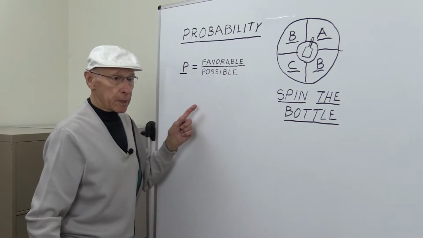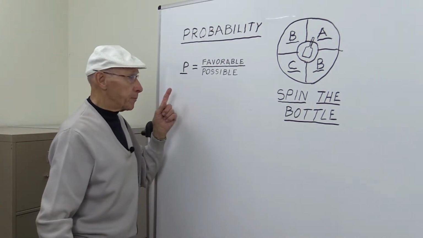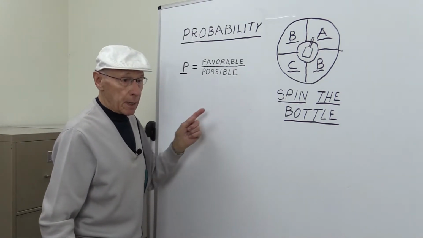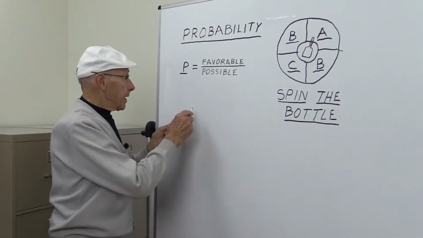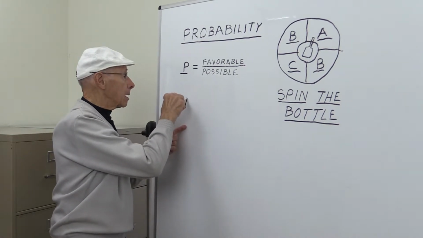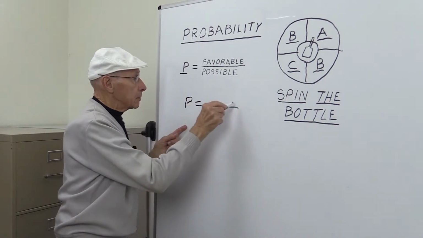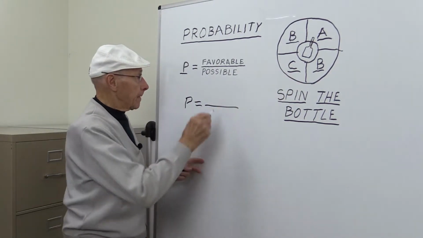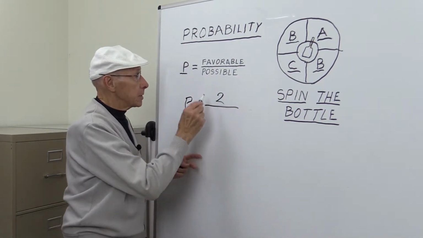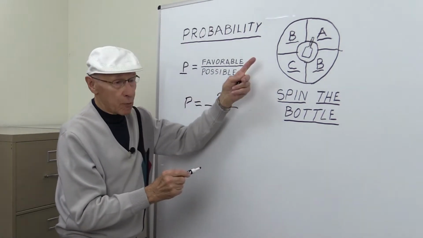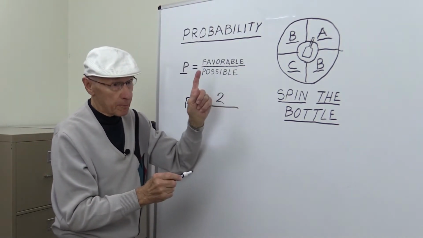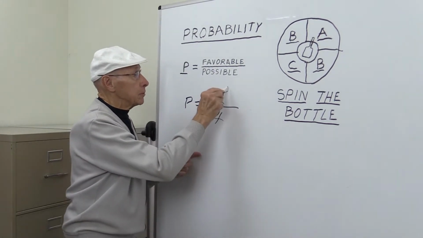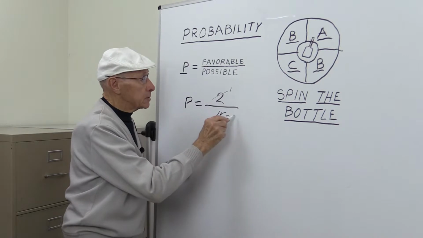The next problem we want to consider is what is the probability P of the bottle pointing to B? And as you note, P is equal to the favorables. So how many B's do we have? We have 2 B's. So we have 2 for favorables, and a possibility is still 4. There are 4 possibilities that the bottle can point to. And 2 goes into 2 once, 2 goes into 4 twice.